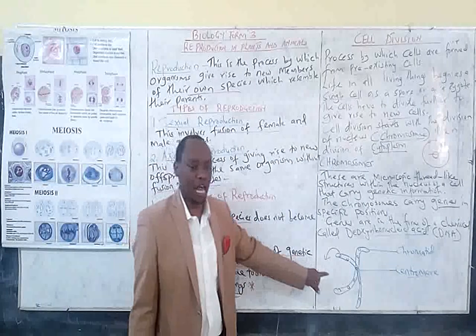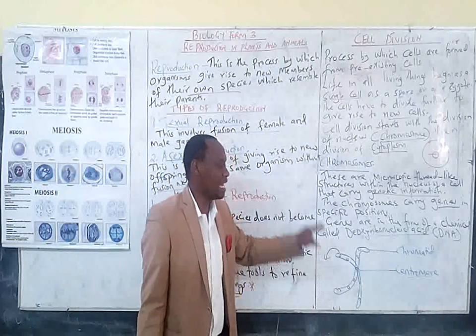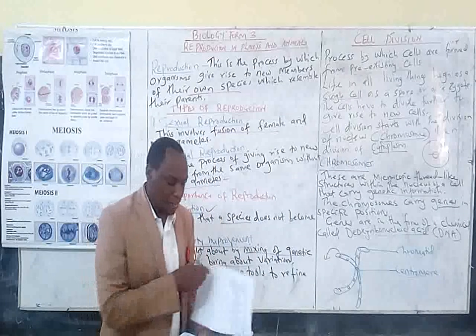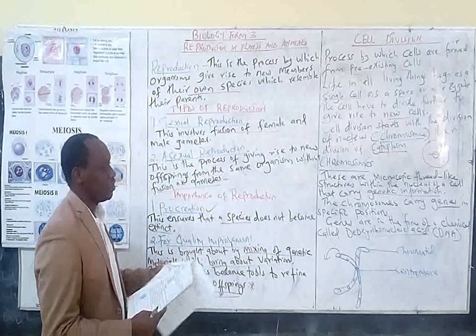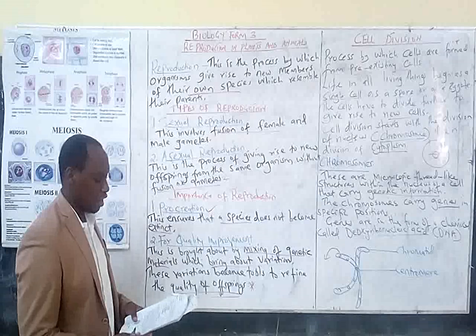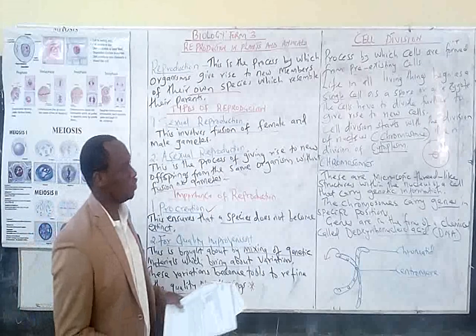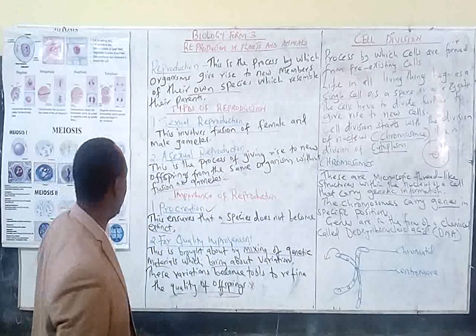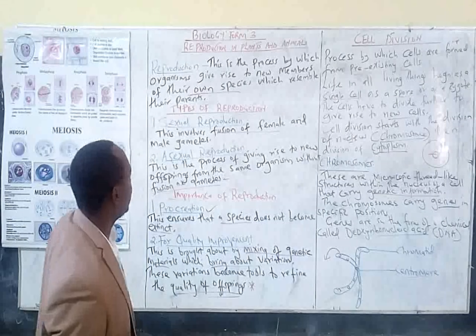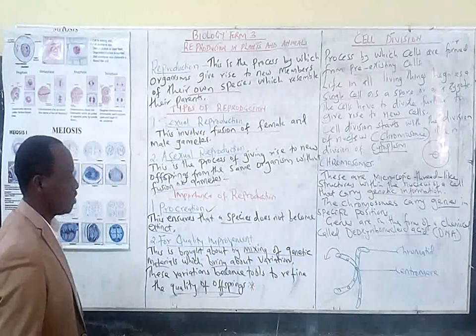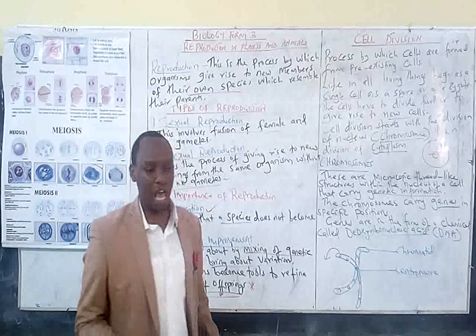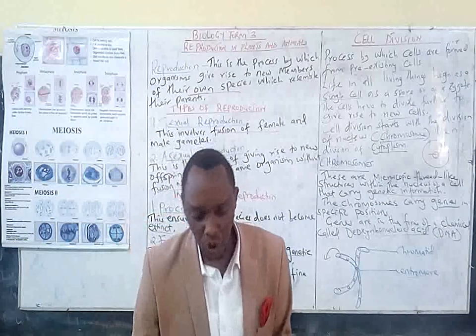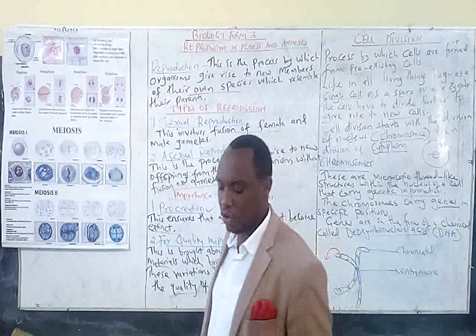And this chromosome is inside the nucleus, and there can never be cell division without talking about the chromosome. So now we want to move on and talk about one of the types of cell division. We have two types of cell division: one is called mitosis, the other is called meiosis.